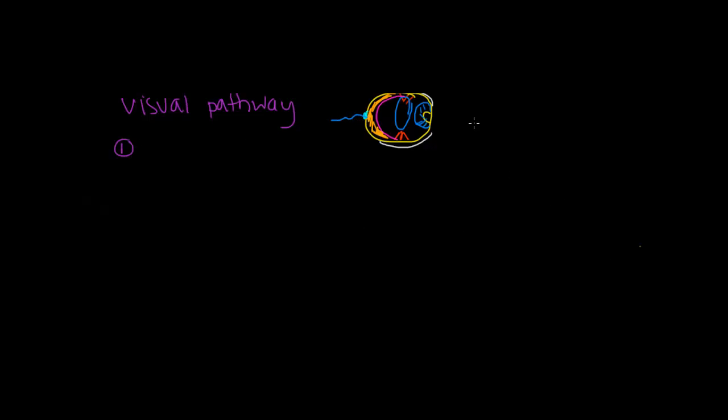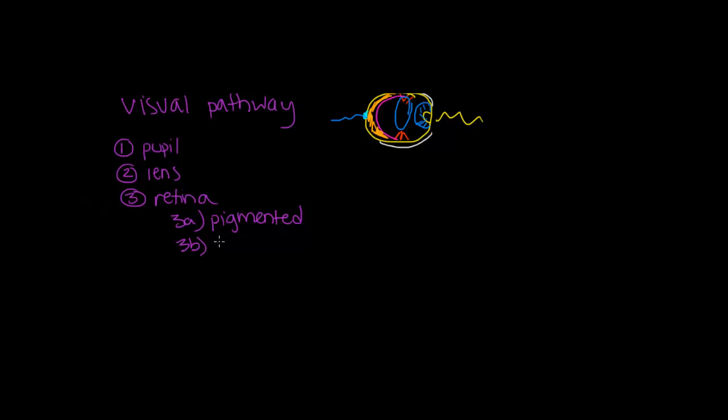First, light enters the eye at the pupil. Then this light hits the lens, which refracts the light back towards the retina. Within the retina, first the light hits that pigmented portion of the retina. Remember, those pigments allow us to absorb photons that the rods and cones are not going to absorb.